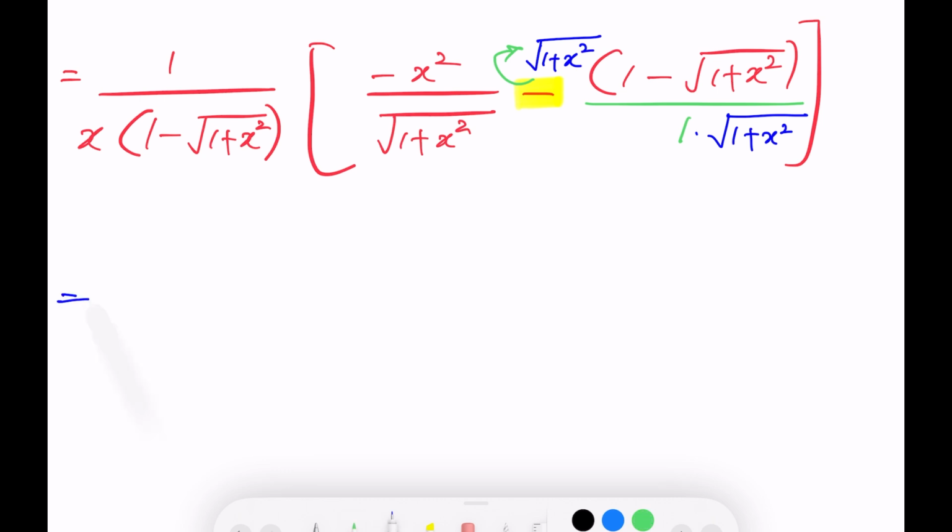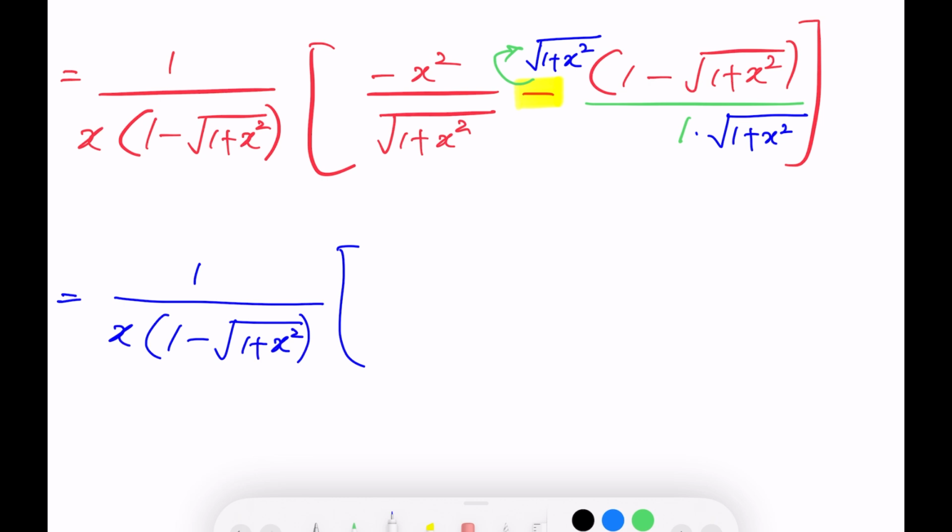This is equal to 1 over, the first term is x times 1 minus square root 1 plus x squared, brackets. Now all of that inside the brackets have the same denominator, therefore I don't need to write two separate denominators.